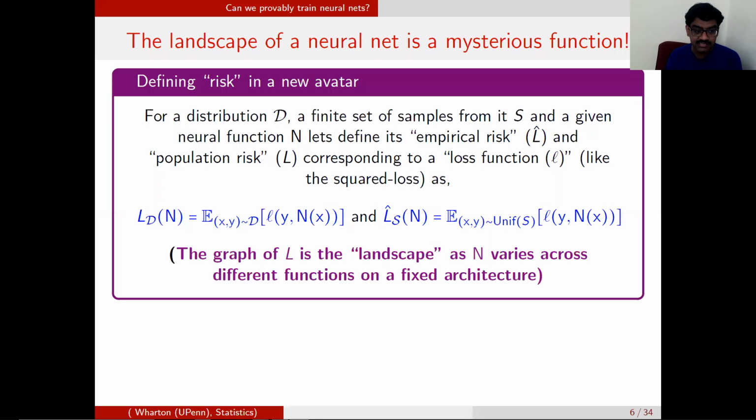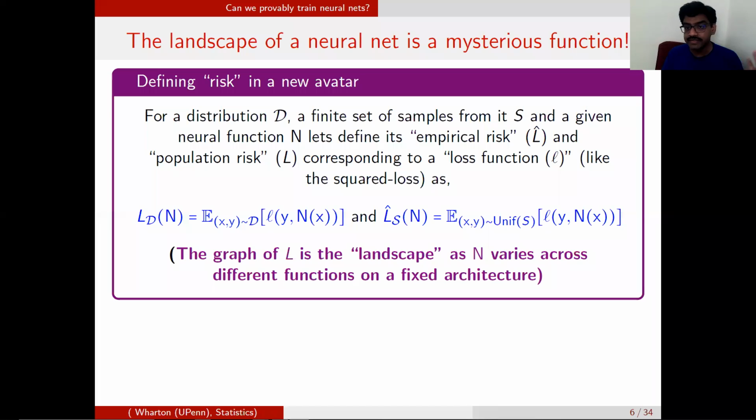If you take the expectation over the full distribution, we'll call it the population risk. If you take the expectation over a uniform distribution supported on a finite sample of the distribution, then you would call it the empirical risk. That is L_S hat, and the population risk is L_D, what you see on the screen.